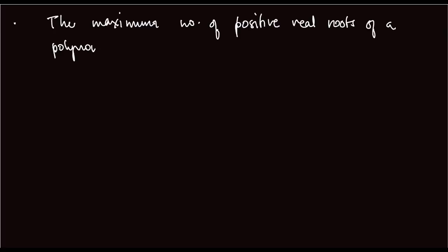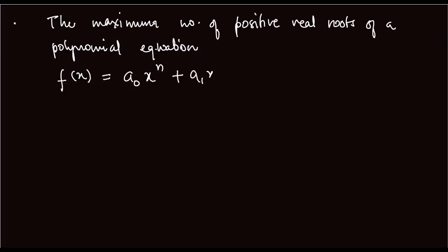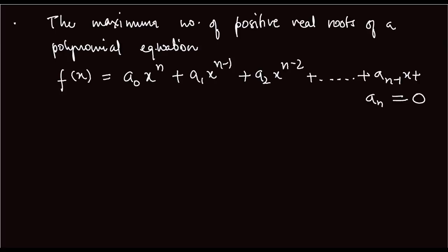Let's say f(x) is equal to a naught x to the power n plus a1 x to the power n minus 1 plus a2 x to the power n minus 2 plus and so on, plus a n minus 1 x plus a n is equal to 0.